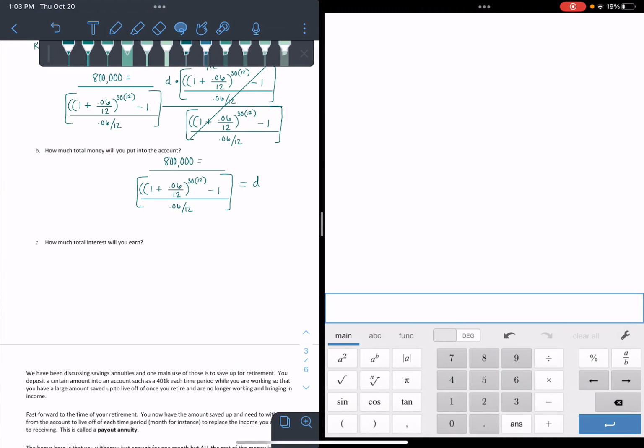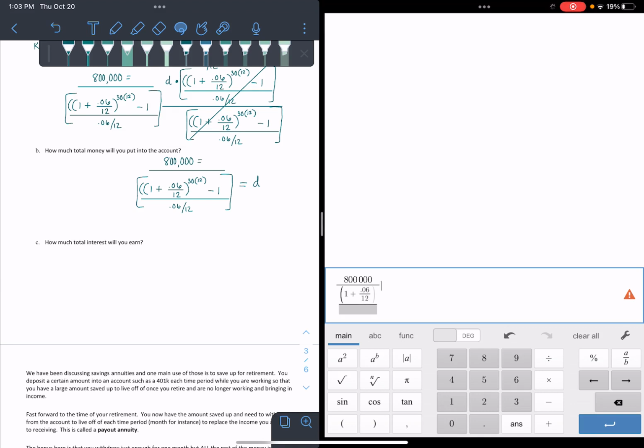Okay, so I've got 800,000 over, and then on the bottom, I'm going to hit the fraction. Watch what I'm doing. I'm hitting the fraction again because it's 800,000 over that entire thing, okay? So it's going to be 800,000 over, and then now I'm going to put my 1 plus 0.06 over 12.